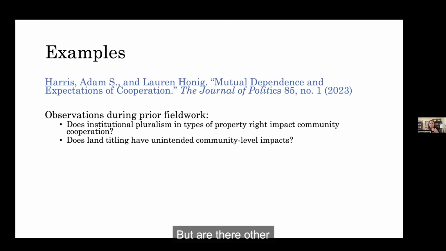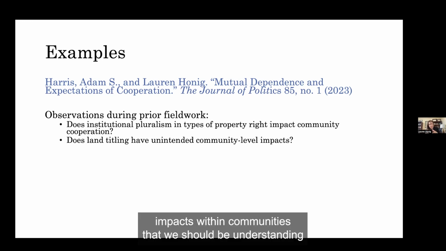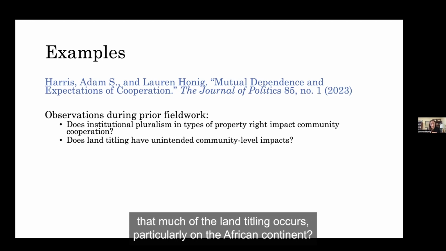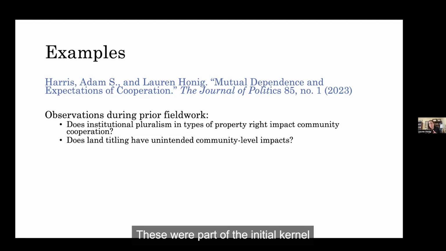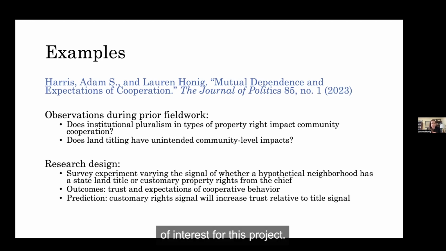But are there other impacts within communities that we should be understanding and thinking about, given that sporadic land titling is the way that much of the land titling occurs, particularly on the African continent today? And so does land titling have unintended community level impacts? These were part of the initial kernel of interest for this project.